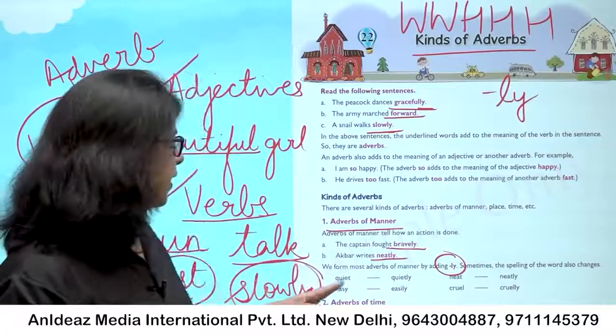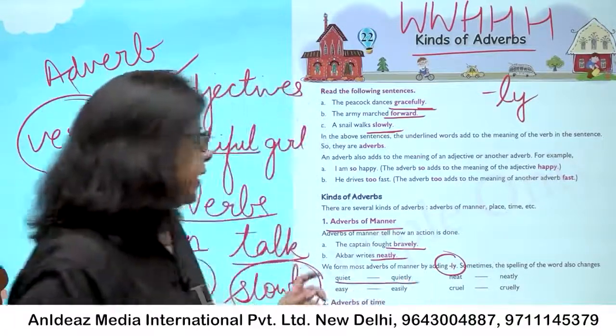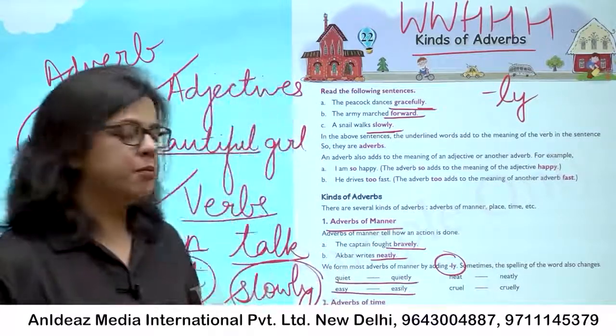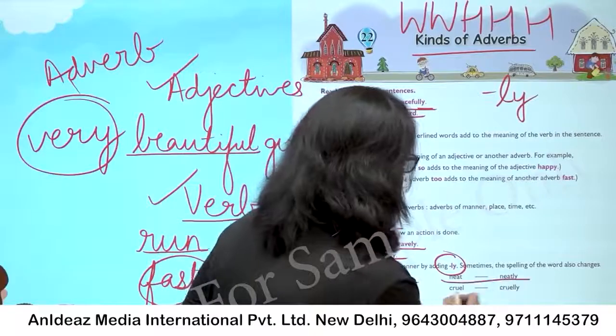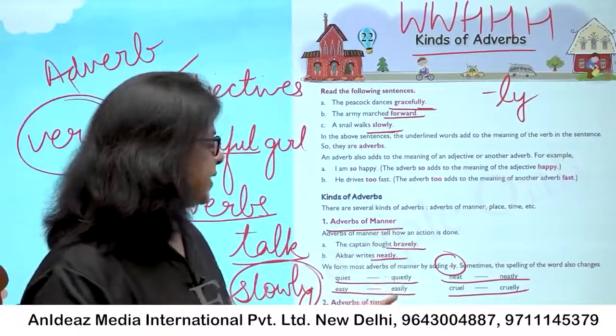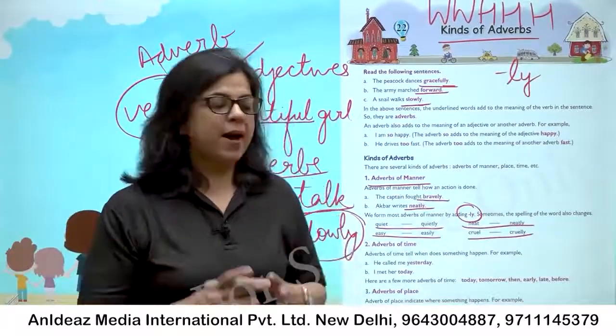So, adding ly to quiet makes it quietly, easy makes it easily, neat makes it neatly, and cruel makes it cruelly. So, quietly, easily, neatly, and cruelly are adverbs of manner.